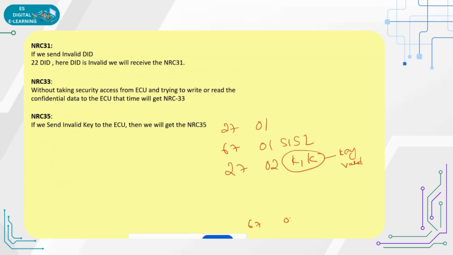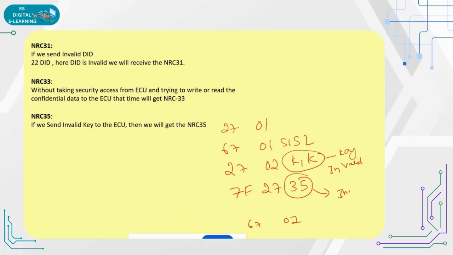If it is an invalid key, then you will get a response of 7F 27 35, saying that it is an invalid key. It's clear, right? You can write this down: if we send an invalid key to the ECU, then we'll get NRC 35. Clear, right?